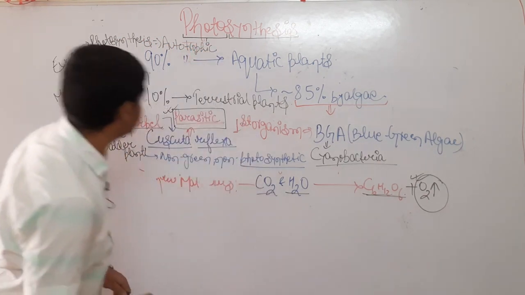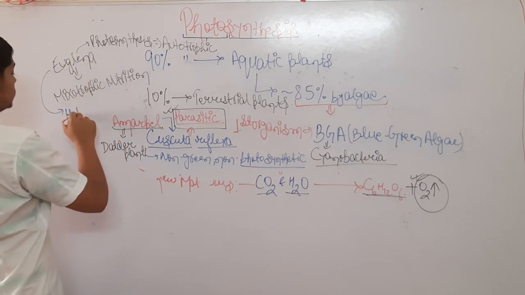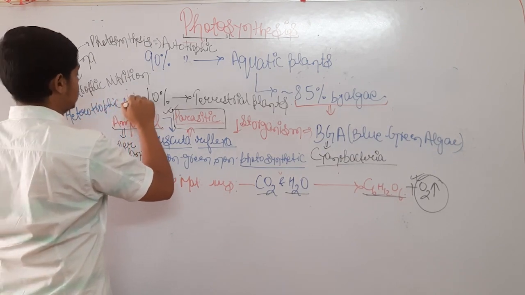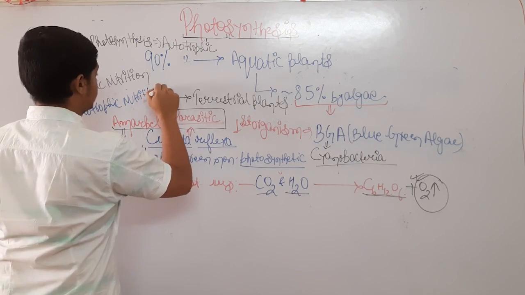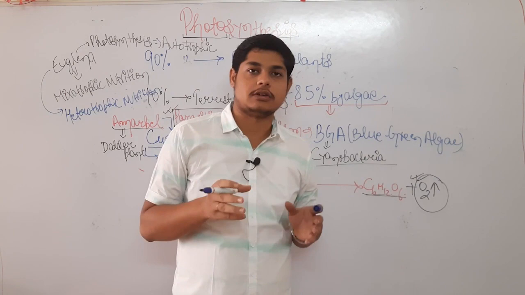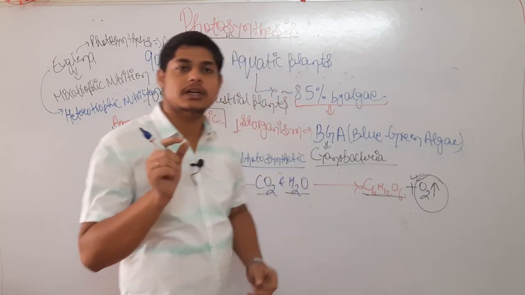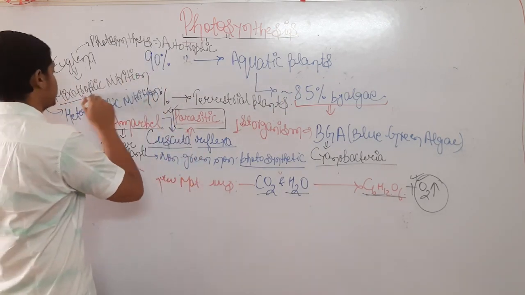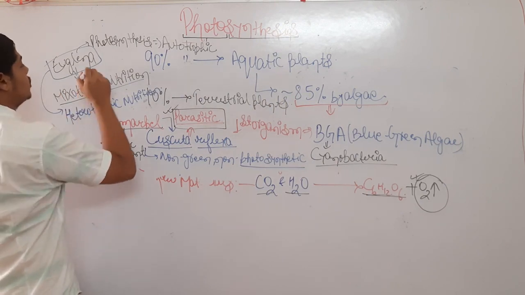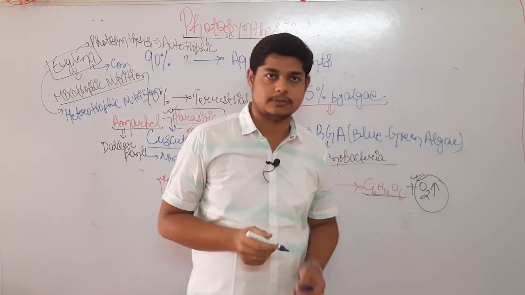And when light is absent, it will show heterotrophic nutrition. So the type of nutrition which is a mixture of both autotrophic and heterotrophic nutrition is termed mixotrophic nutrition. An example is Euglena, which is sometimes also known as the connecting link between plants and animals.